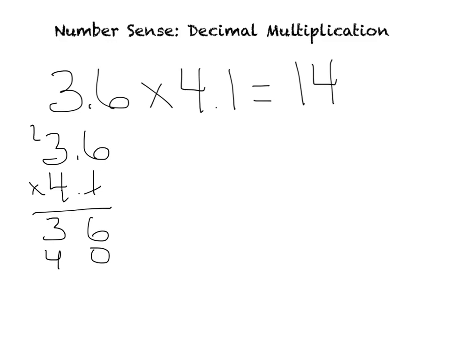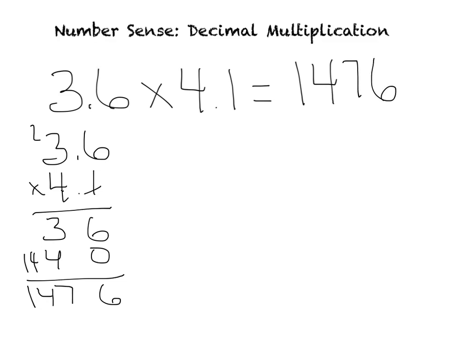Carry my 2. 4 times 3 is 12, plus 2 is 14. 6 plus 0 is 6. 3 plus 4 is 7. And then 4, and then 1. So I have 1, 4, and let's add in the rest of our answer. 7, 6.